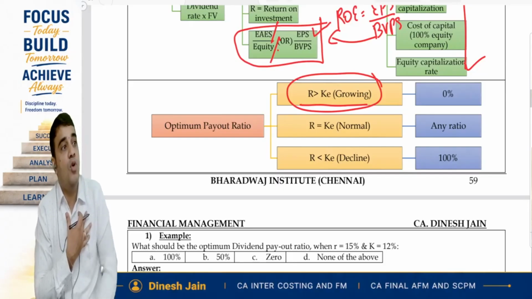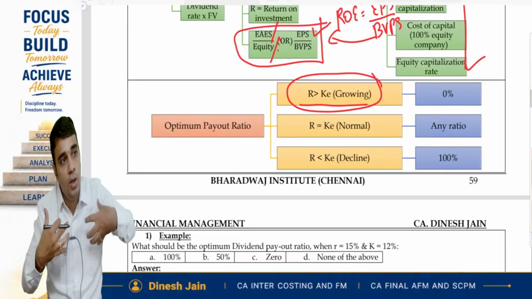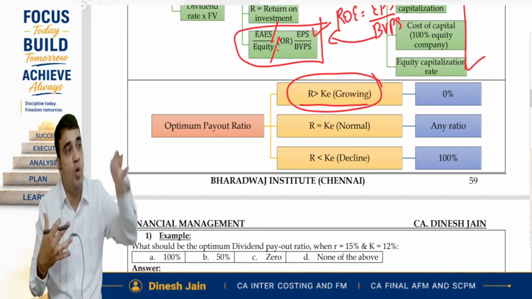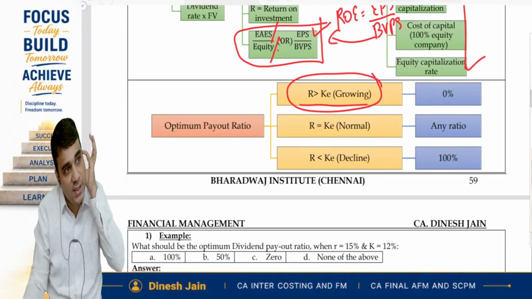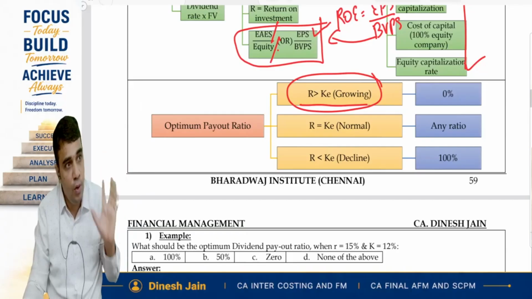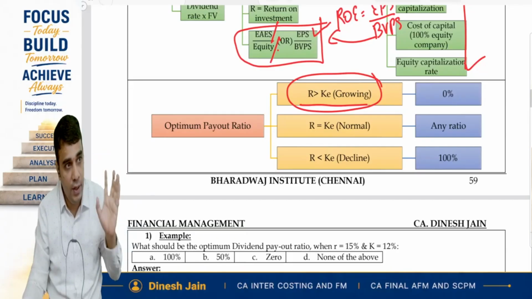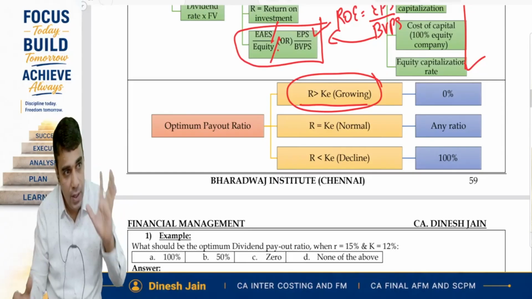If I earn more, full profits I'll keep with me, no dividend payment. Zero dividend.